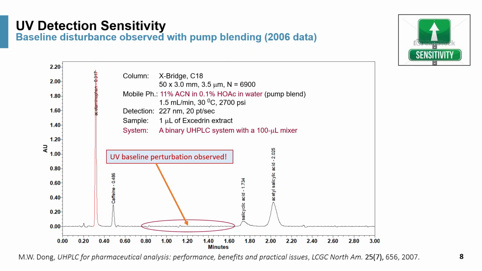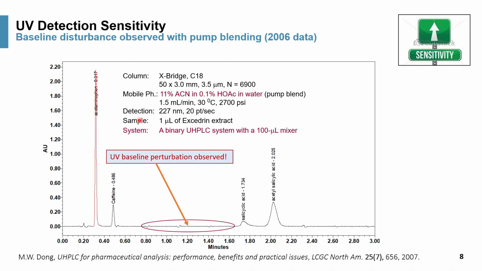UV detection sensitivity could indeed be a problem for the earlier systems, shown here in the data collected in 2006, published in a 2007 paper in LCGC magazine.